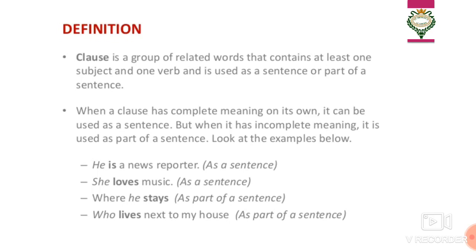And this clause has a complete meaning. He is a news reporter. So, this group of words has a complete meaning of its own. That's why this clause is a sentence.